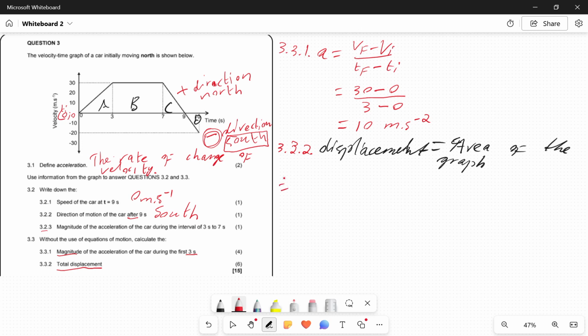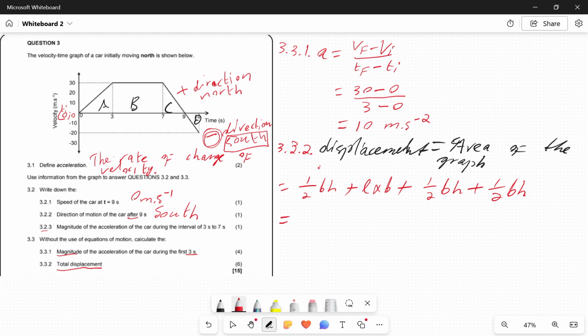The first one is half base times height, plus the second one, this shape is a rectangle, so that's length multiplied by breadth, plus another triangle, half base times height, and then another triangle which is half base times height.